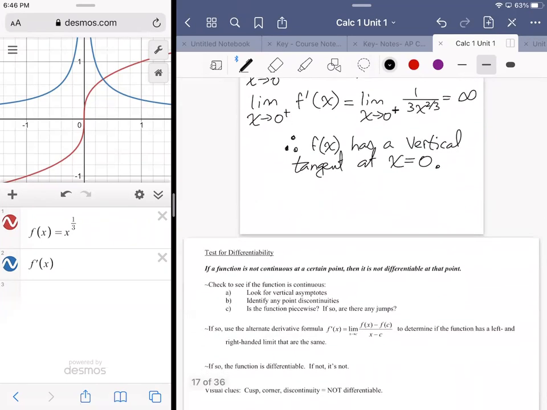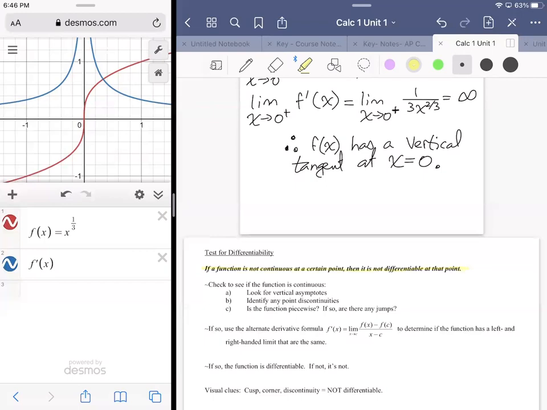And so then when we get into tests for differentiability, we're looking for certain things to be in play. There's the classic definition. If a function is not continuous at a point, then it's not differentiable at that point.